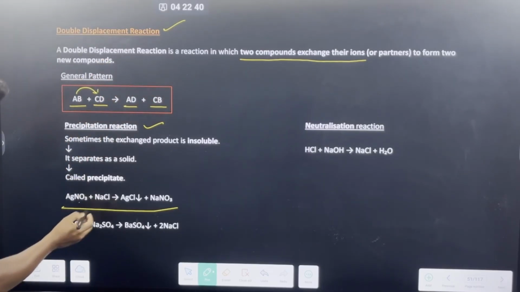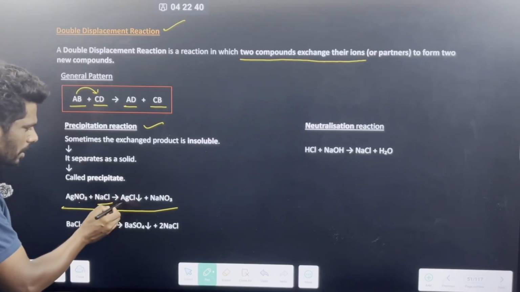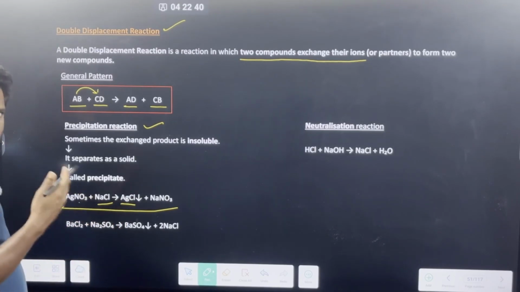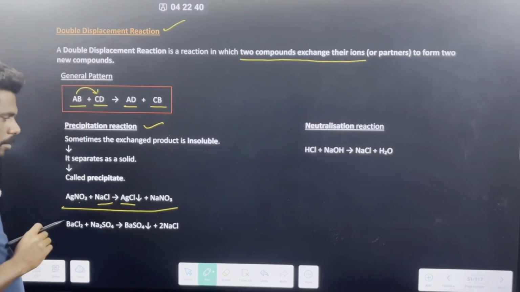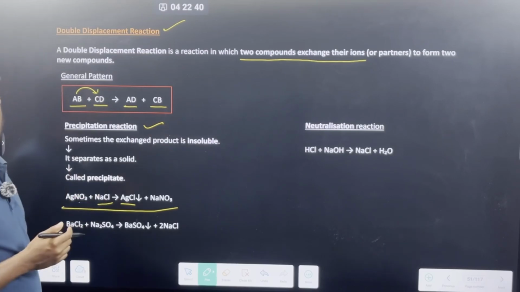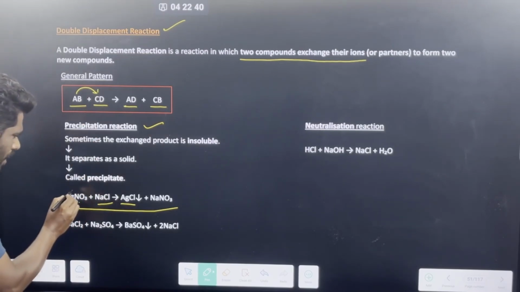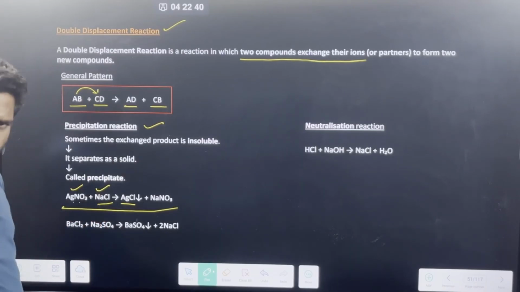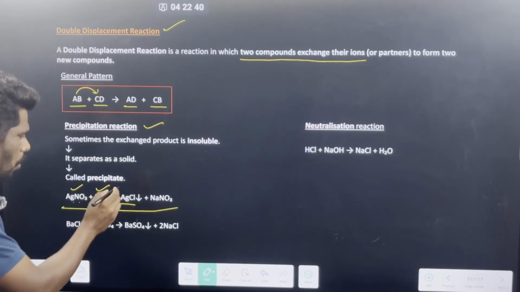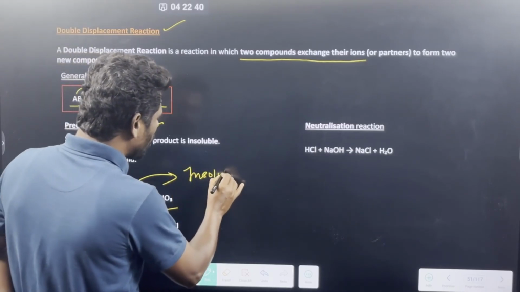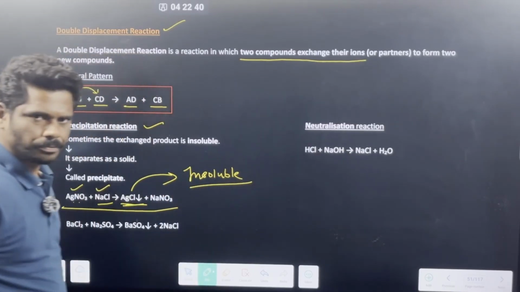Silver nitrate solution added to sodium chloride solution. There he found silver chloride. What is the observation? A white precipitate was formed. Why the precipitate is formed? Actually, what is meant by precipitate? Simple. When two clear solutions are added to each other, silver nitrate solution added to sodium chloride solution, then one of the products is insoluble in water.